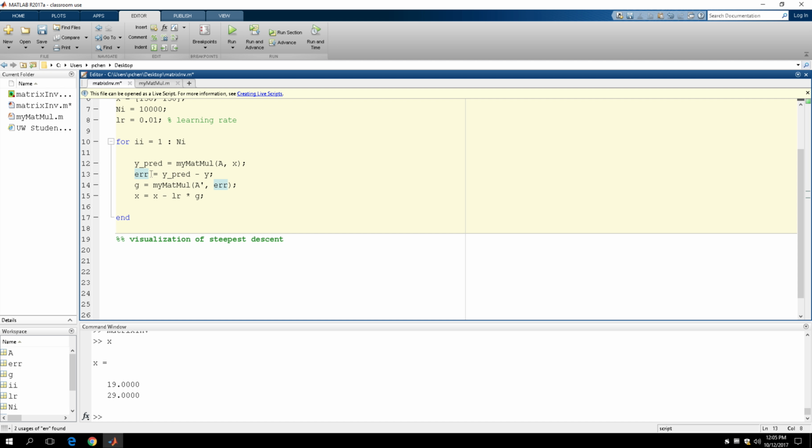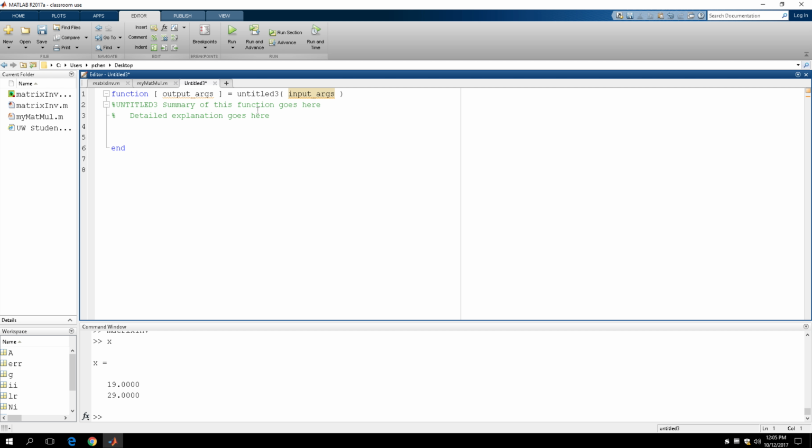So the next thing we're going to do is write a function that allows us to compute this length of the error vector. Let's write a new function, and the input arguments are going to be all the things we need in order to compute the length of the error vector.